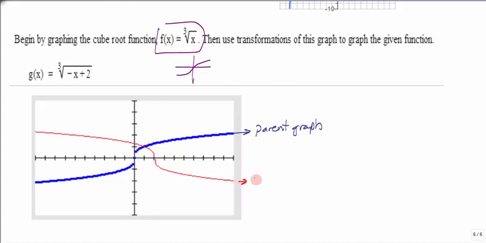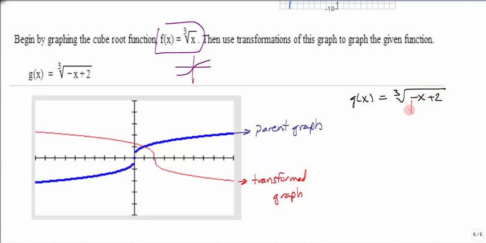This is my transform graph. Now when we look at this graph, you can see we had g of x equals the cubic root of negative x plus 2.